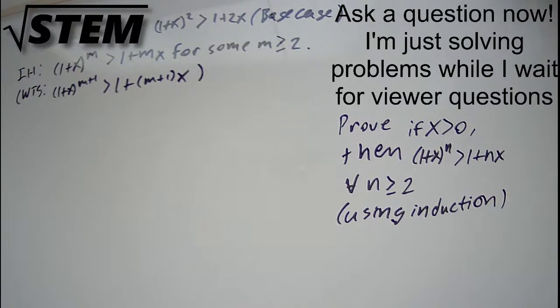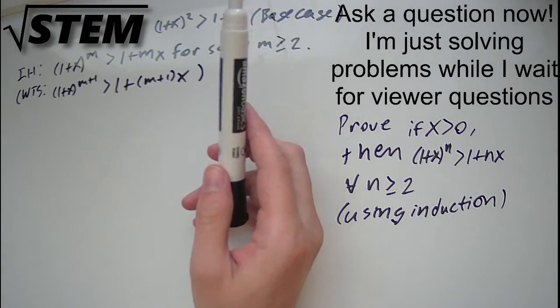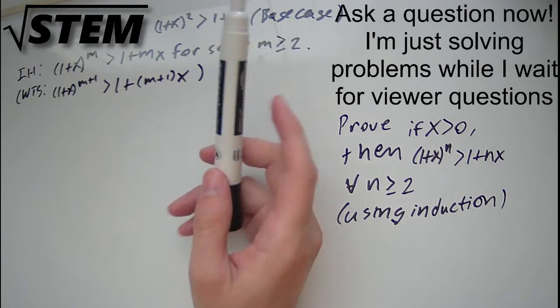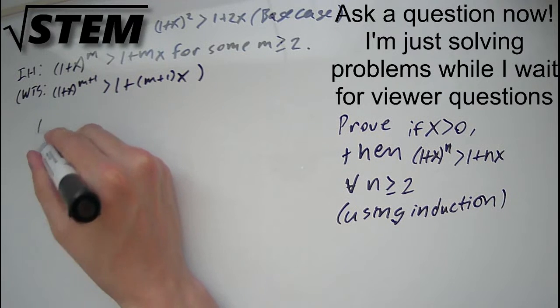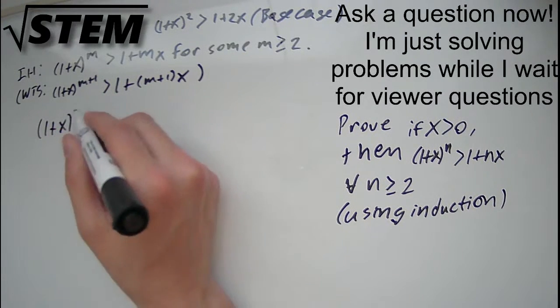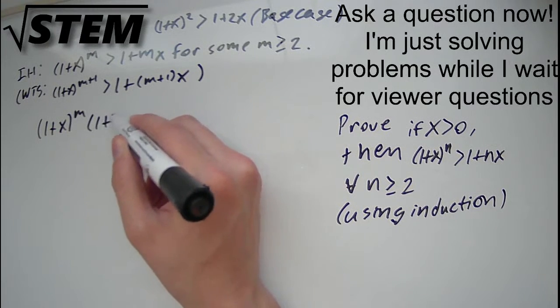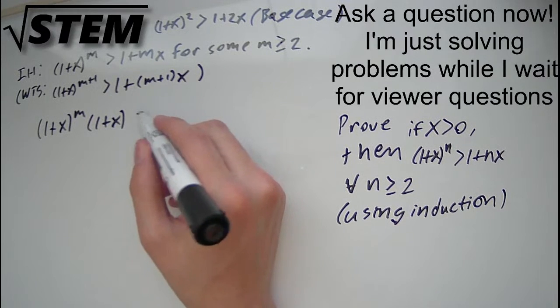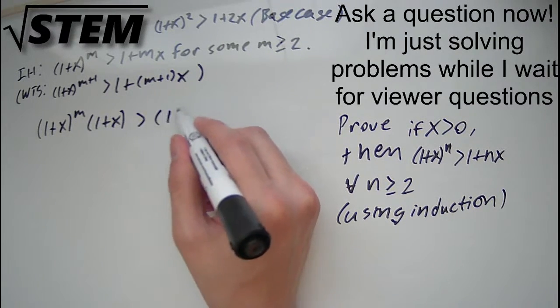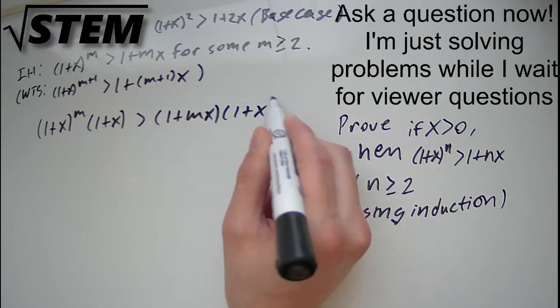So starting with this, how can we do that? Let's just try multiplying with another one. So 1 plus x to the m times another 1 plus x. And we know this will then be greater than 1 plus m times x multiplied with 1 plus x.